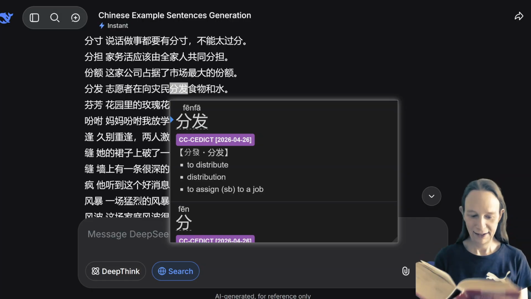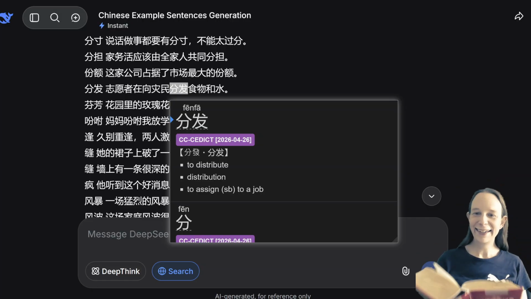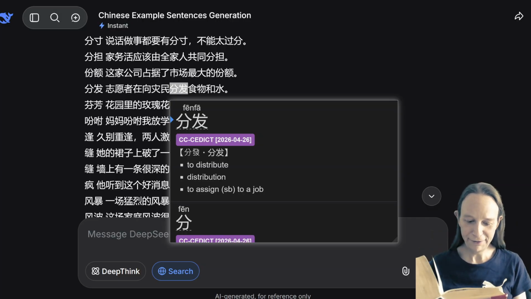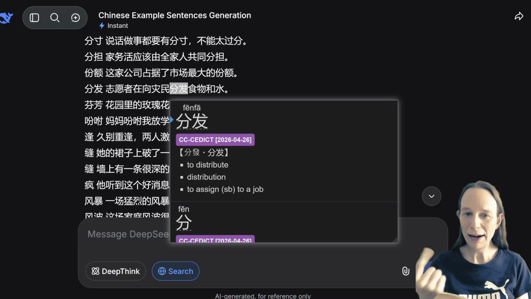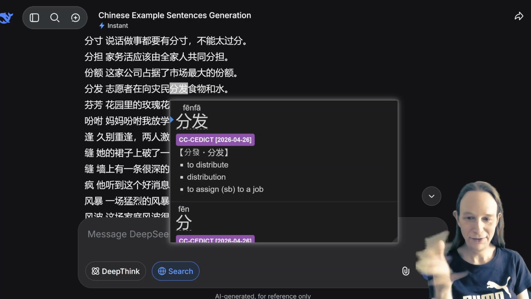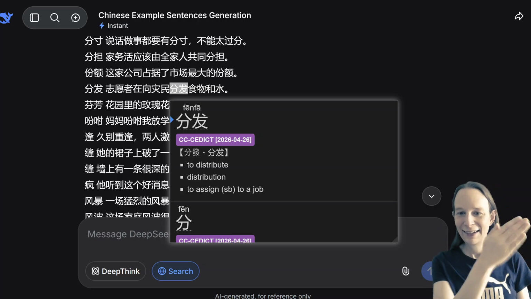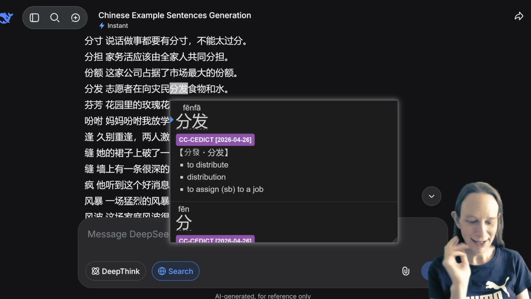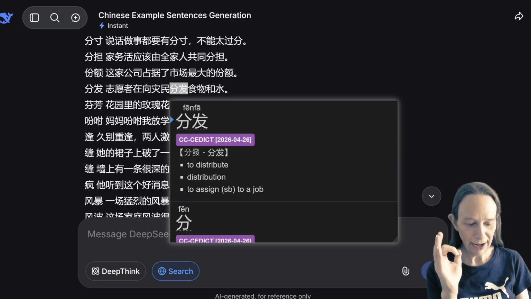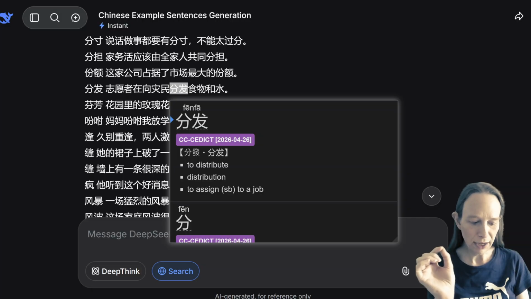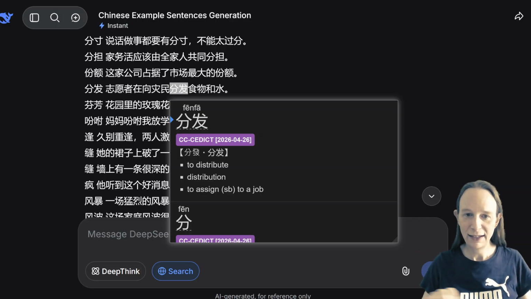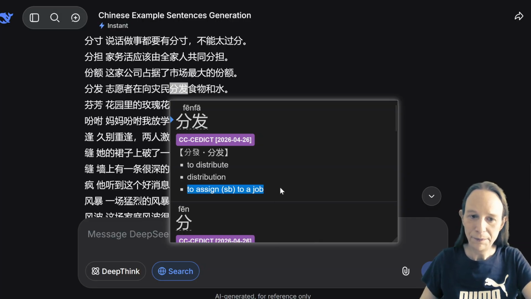All right. It wasn't colored in, so that indicates it's a new word for me.